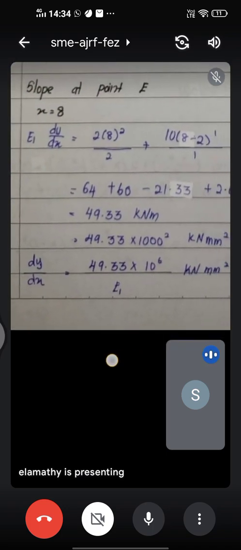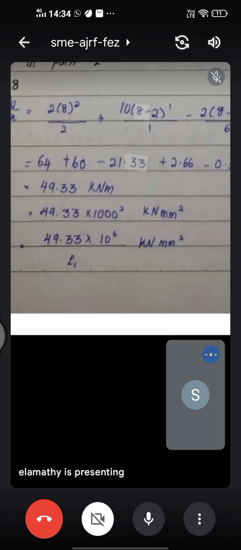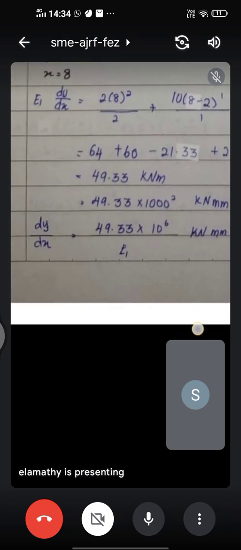So 64 plus 60 minus 21.33 plus 2.66 minus 0.56 equals 49.33 kNm.